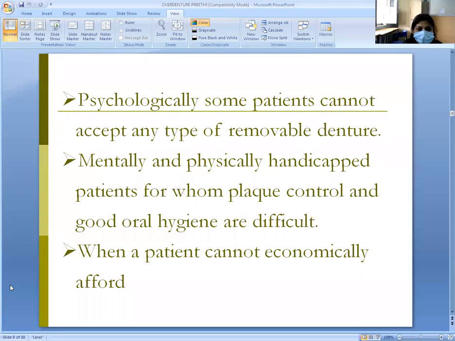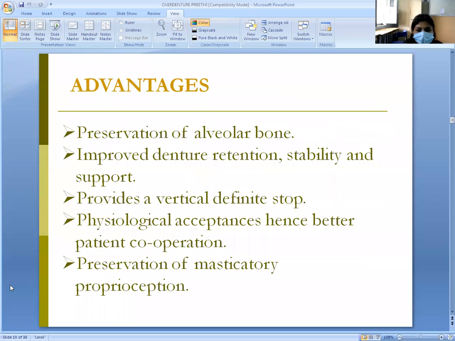And psychologically, some patients cannot accept the type of removable denture. Then mentally and physically handicapped patients for whom plaque control and good oral hygiene is difficult, and the patient who cannot afford it economically. Overdentures are costlier than the conventional denture as you have to treat the abutment tooth endodontically and periodontally, so the cost increases.